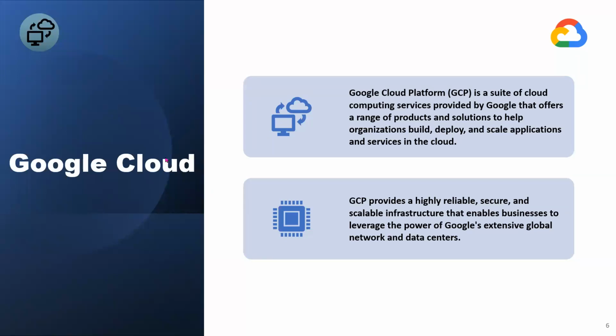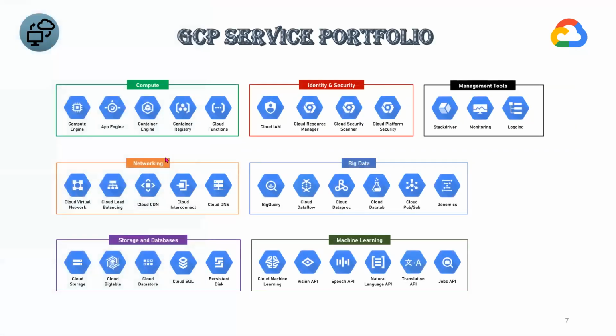It provides you cloud computing services, which are very useful for organizations to build, deploy, and scale their applications and services in the cloud. And we have seen the service portfolio. Here we see the compute services, identity and security services, big data services, storage and database services. So like this, you have plenty of services available in the Google Cloud Platform.